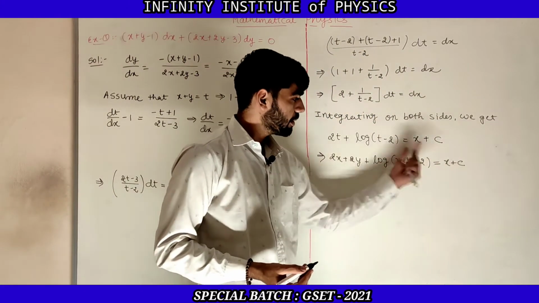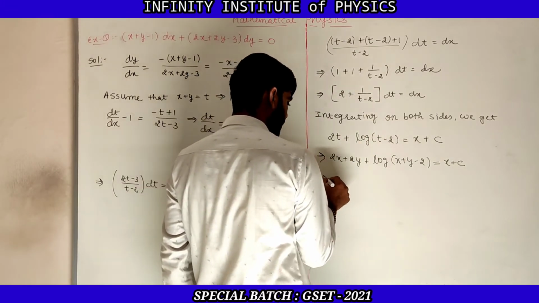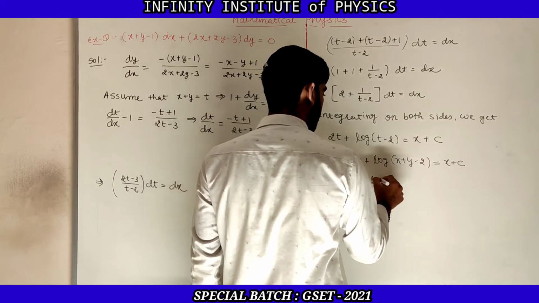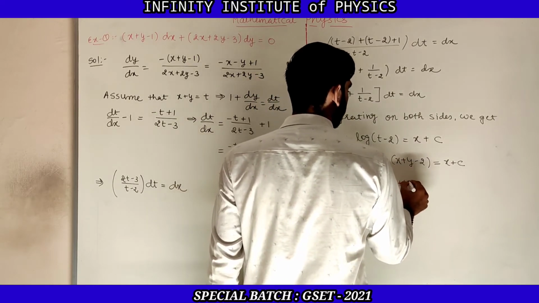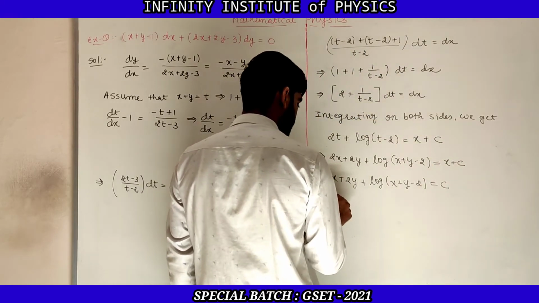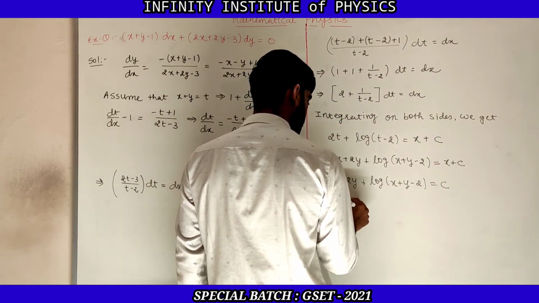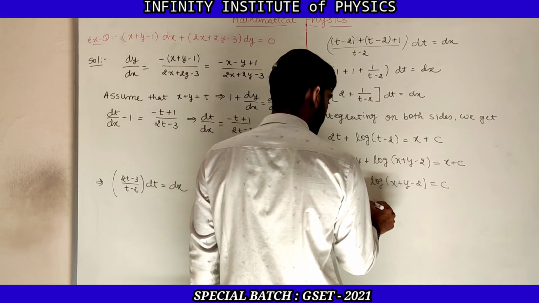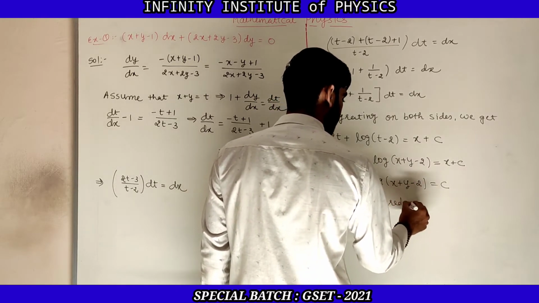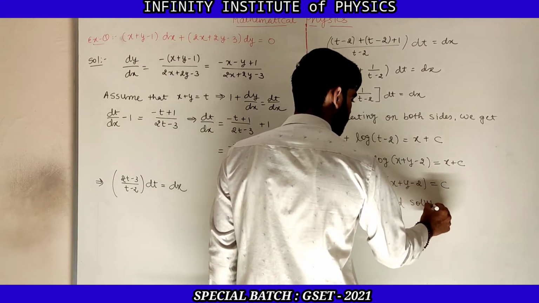So 2x minus x, then it will be x plus 2y plus log of x plus y minus 2, which is equal to c, which is the required solution.